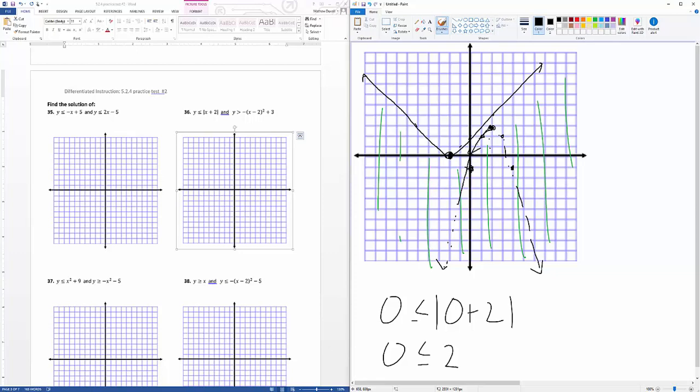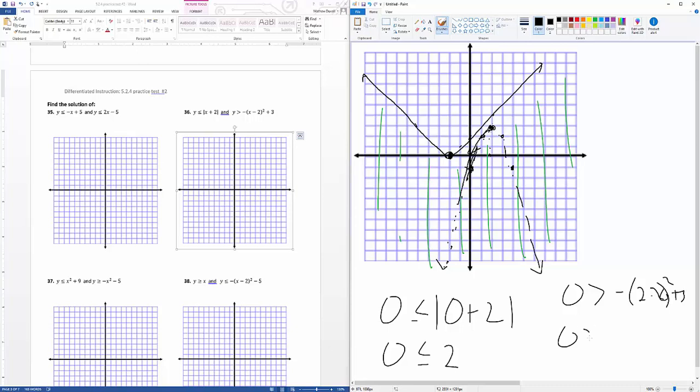So it's dotted. So now, once again, I need to test to see if it's going to be true or false. Well, it looks like it's too close to 0, 0. So I'm not going to try 0, 0. Maybe I'm going to try, let's try this one right here, which is 2, 0. So I'm going to plug in 0 for y, plug in 2 for x.